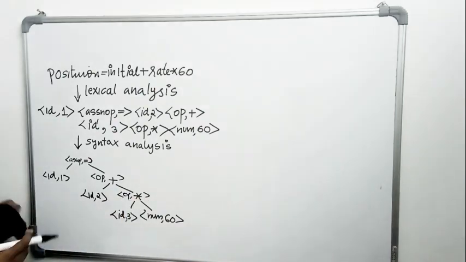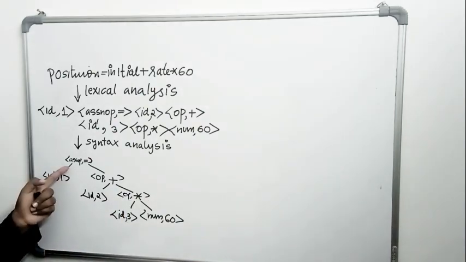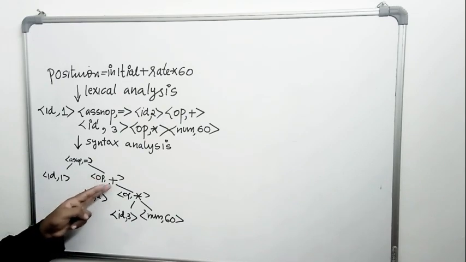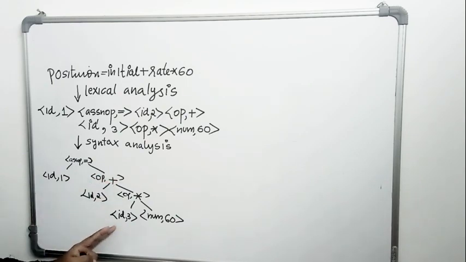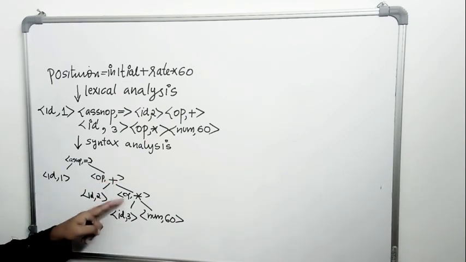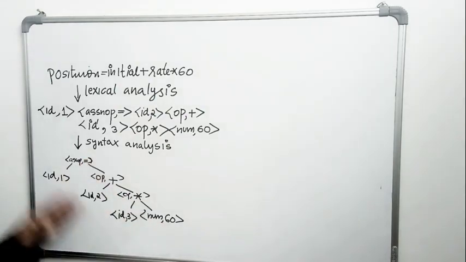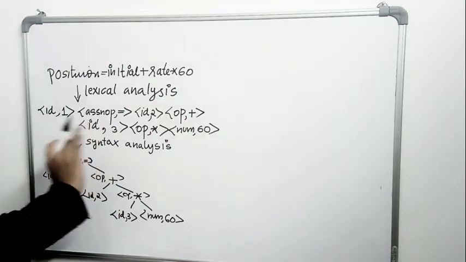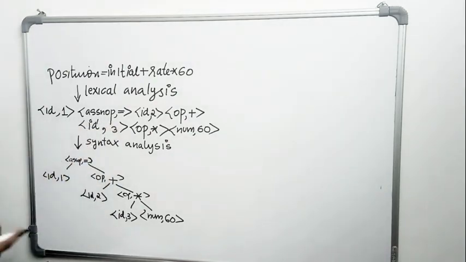Now this becomes id comma 1, assignment operator equal to, id comma 2, op comma plus, then id comma 3, op comma star, num comma 60. That is, if you are performing an in-order traversal, you can exactly get this expression back. So that is the syntax analysis phase.